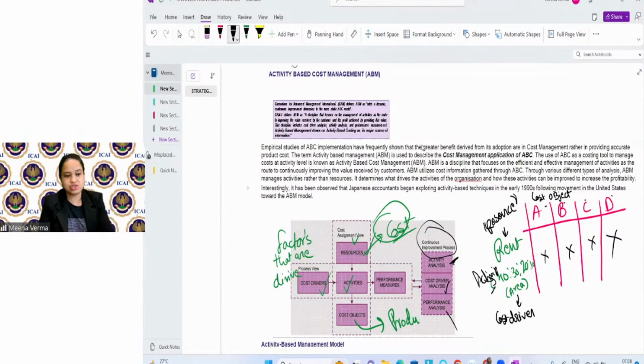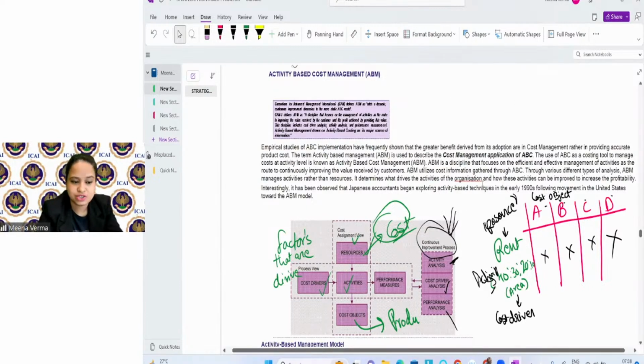You keep allocating the cost for the production, and then you keep on checking, keep on finding the way you can improve these resources. So it's a never-ending process. This all comes under activity-based cost management. You can see actually activity-based costing is a part of activity-based cost management.